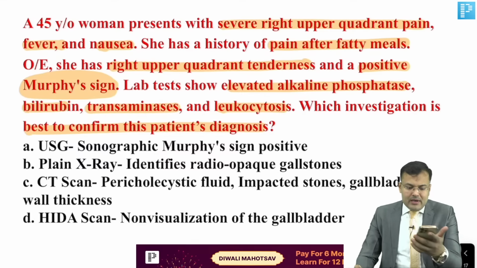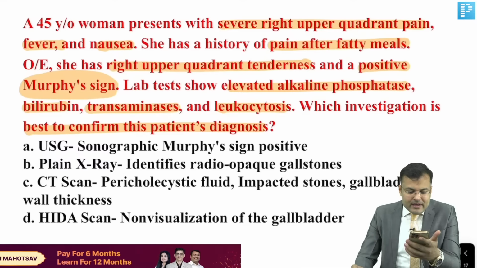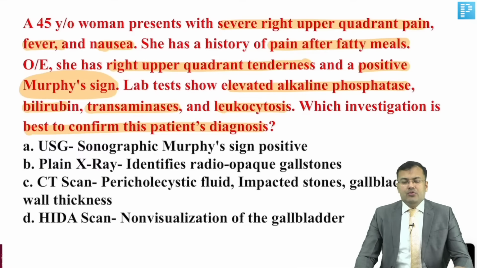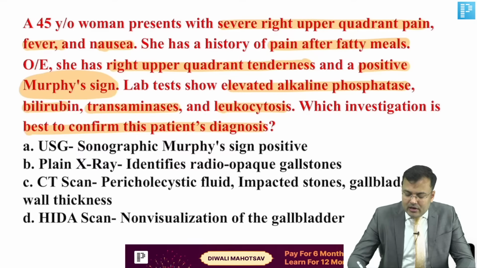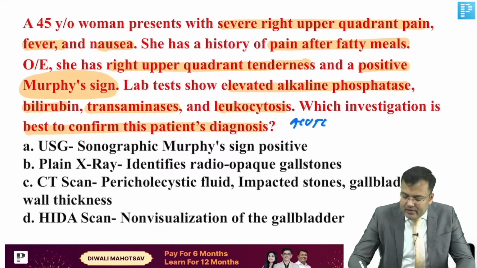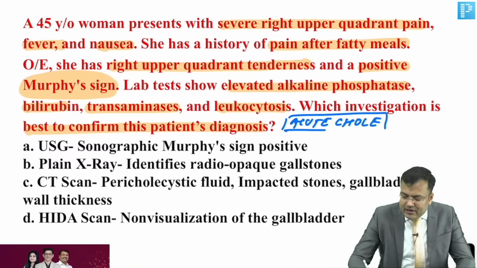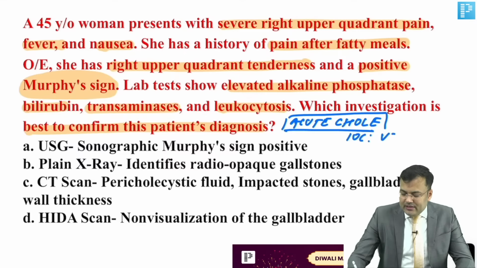Almost everybody is marking the correct answer. Very good. Guys, first, this patient has acute cholecystitis, and all of you know the investigation of choice for diagnosis of acute cholecystitis is ultrasound.